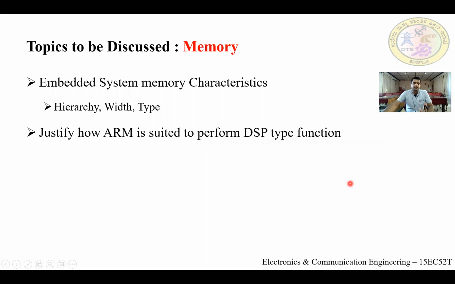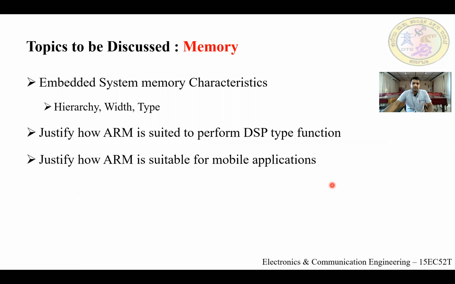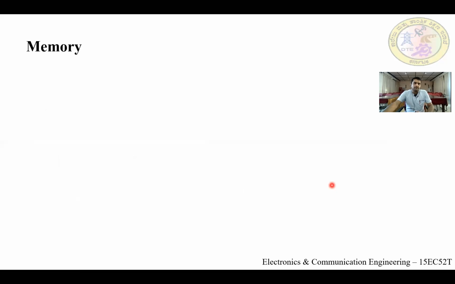Next, we are studying how ARM is suited for DSP type functions, that is digital signal processing type functions. Next, justify how ARM is suitable for mobile applications. Next, we are studying the features that improve the code density in ARM architectures. And next, we can see the MCQ under this embedded system memory topic.